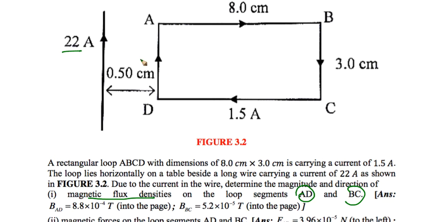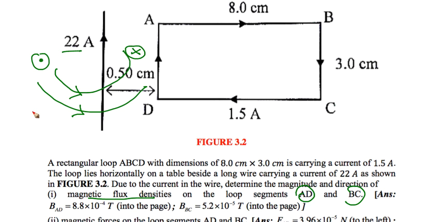So what is the magnetic flux density at the wire, along the lengths AD and BC? As you know, if current flows in the wire, the current produces a magnetic field. The direction, if you use the right hand, is like this: out of the page on one side and into the page on the other.